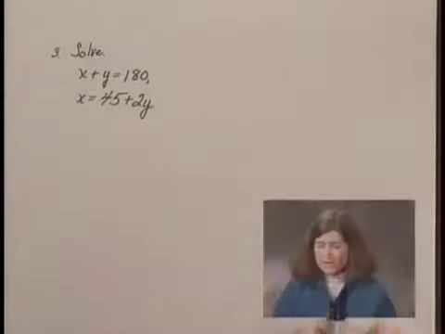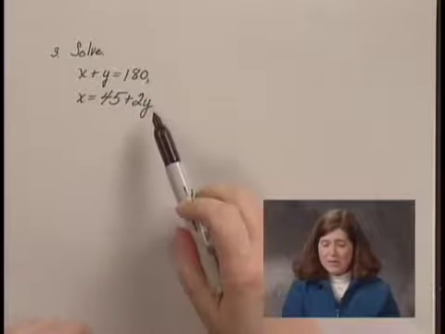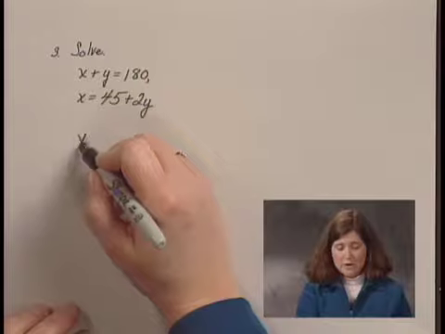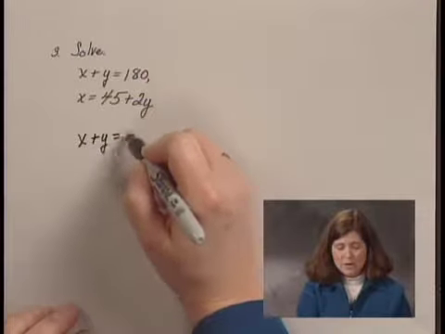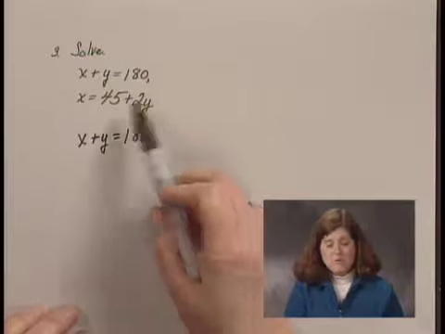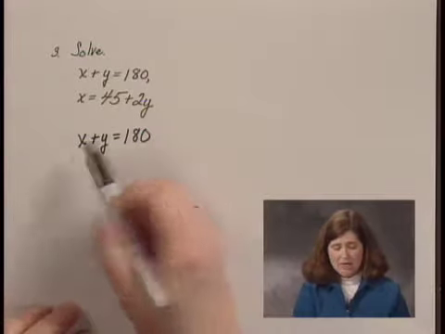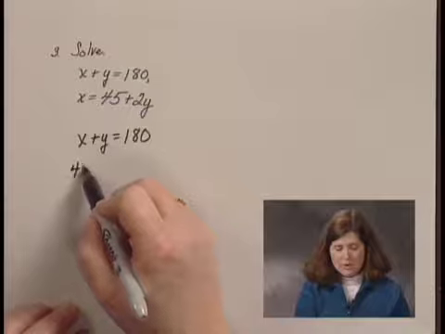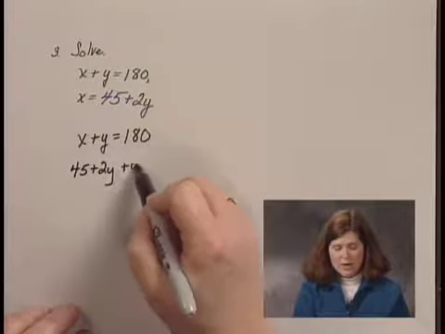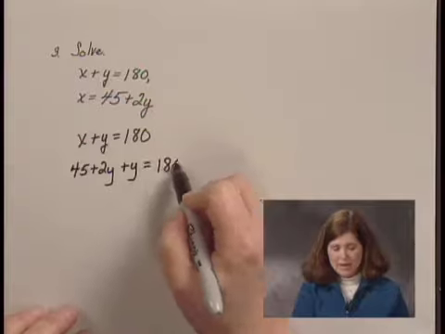Solving this system of equations, I can see that my second equation is already solved for x. So in my first equation, which is x plus y equals 180, I will substitute 45 plus 2y for x. So where I have x, I will write 45 plus 2y plus the y equals 180.